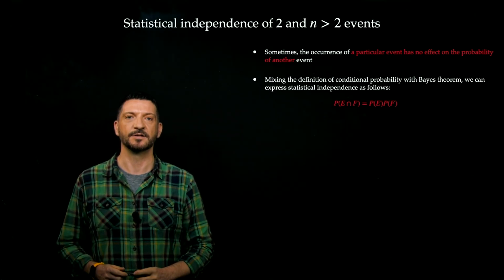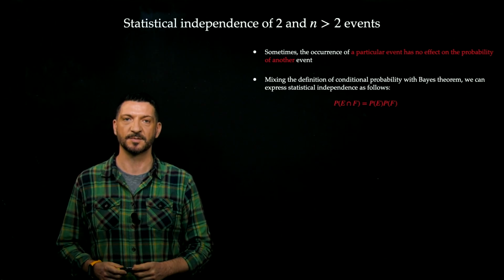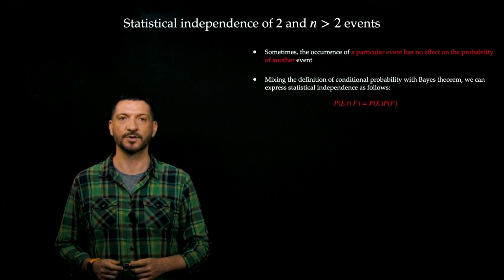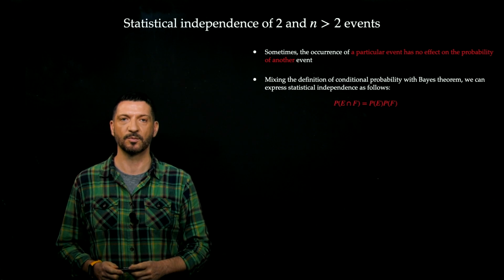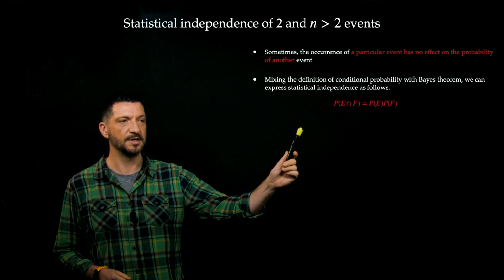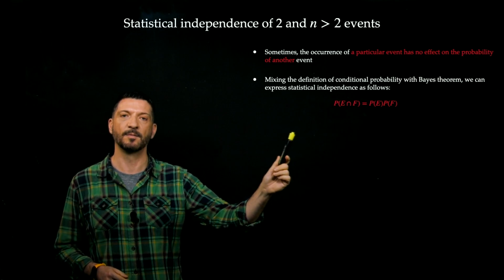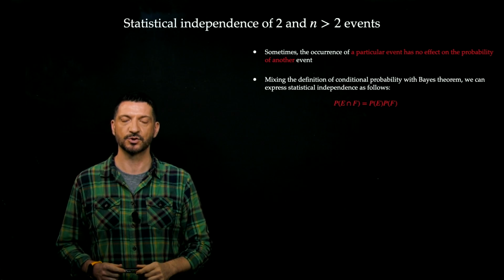We have seen that in order to turn this intuitive definition into a rigorous mathematical one, we must mix together the concept of conditional probability and Bayes' theorem. We have that 2 events E and F are statistically independent if the probability associated to their intersection is the product of their probabilities.